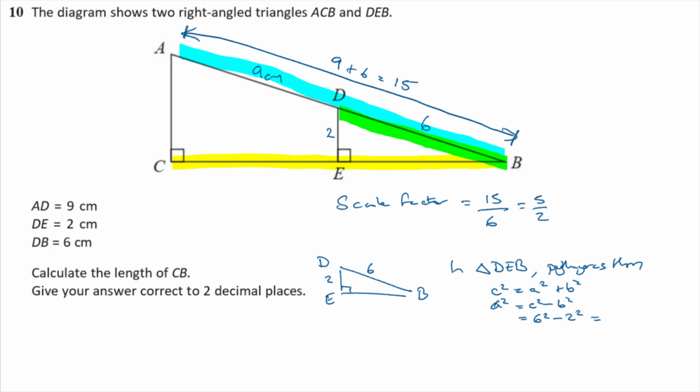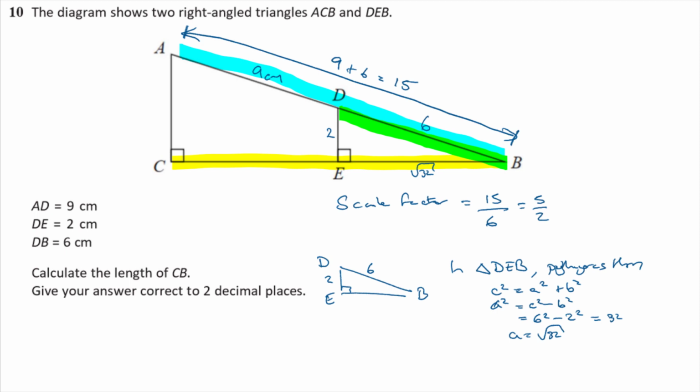So 36 minus 4, isn't it? It's going to be 32. And that means that a itself is going to be the root of 32, which isn't a nice number, so I'm just going to leave it as the root of 32 for now.